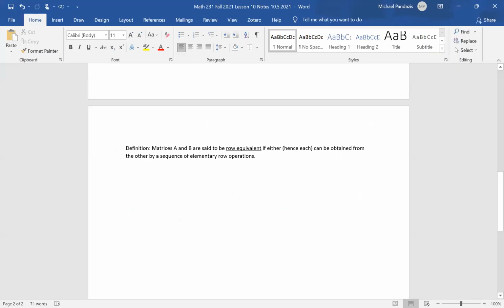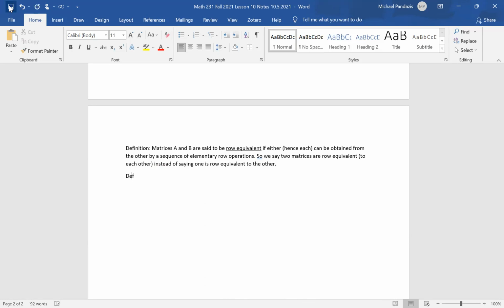Okay? So we say two matrices are row equivalent to each other instead of saying one is row equivalent to the other. Okay, the order doesn't matter.